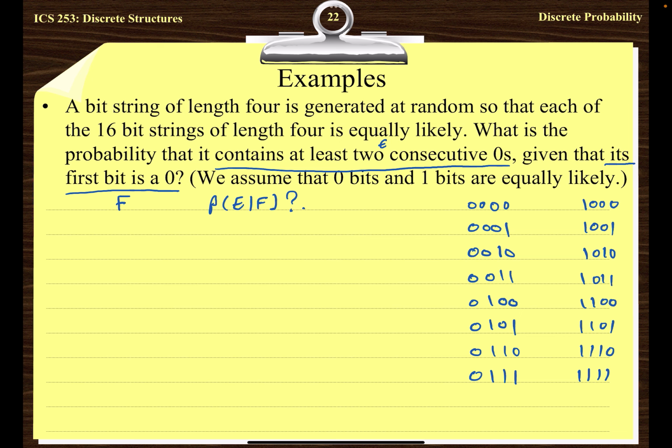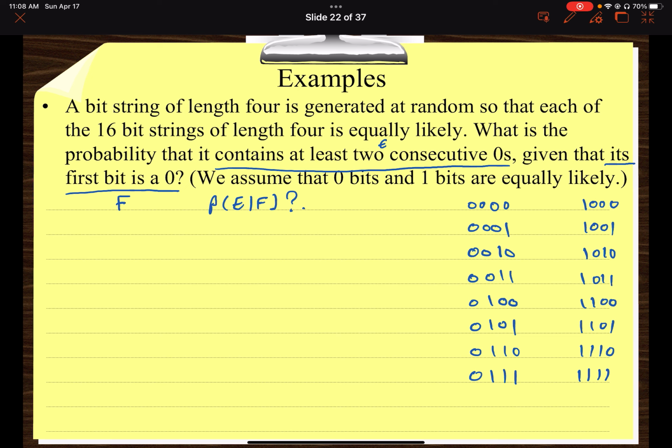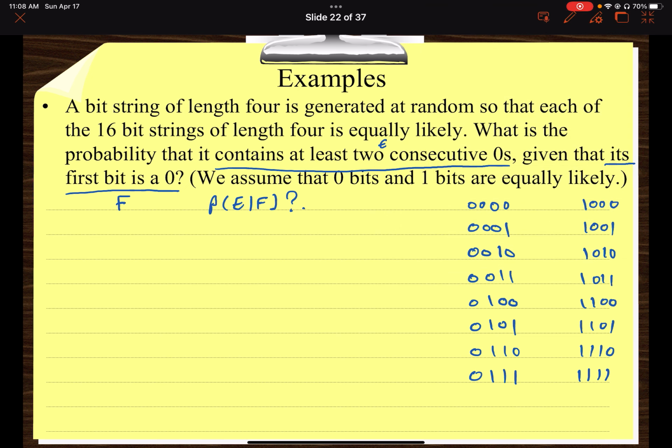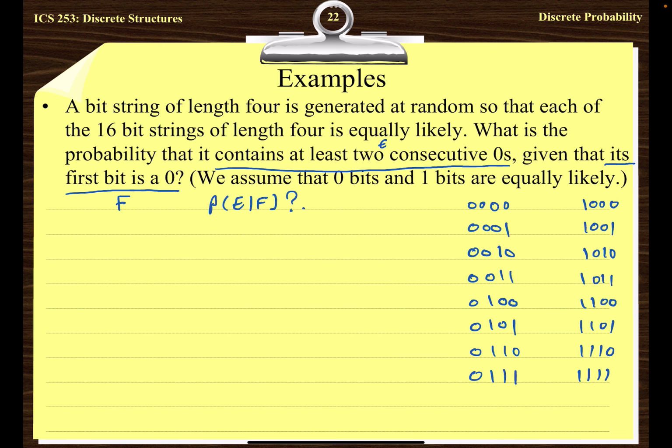Now, for E, I'm going to use the letter E to the left of the outcome when it is satisfied. So what is E? Contains at least 2 consecutive zeros. Does the first one match this?